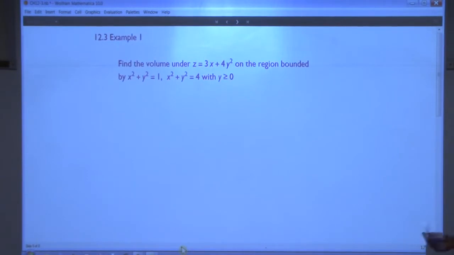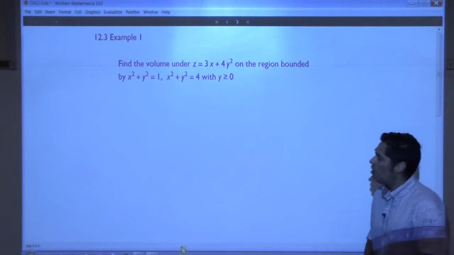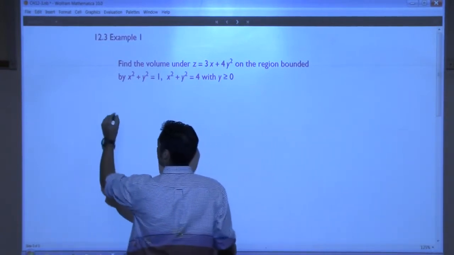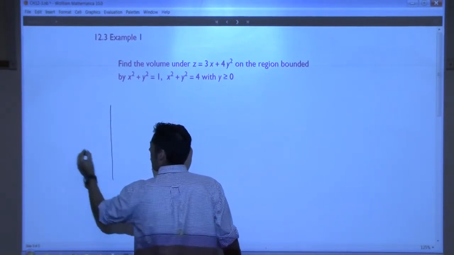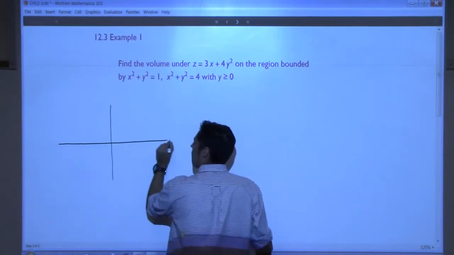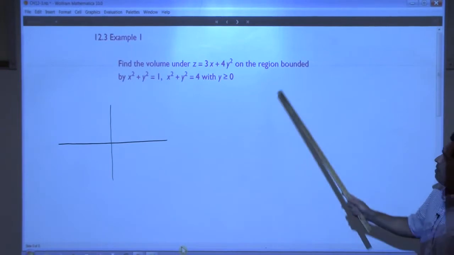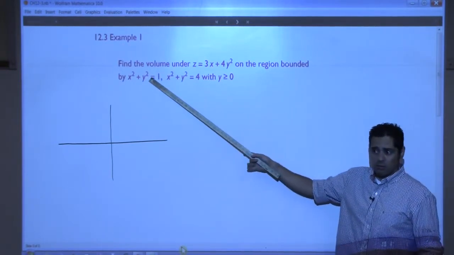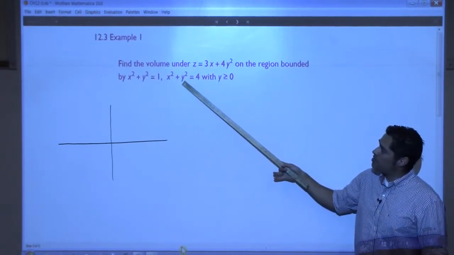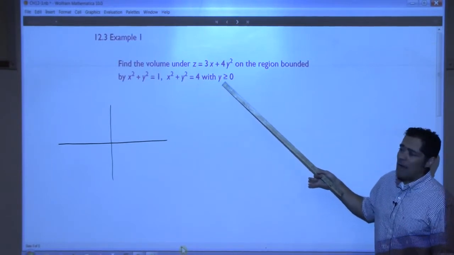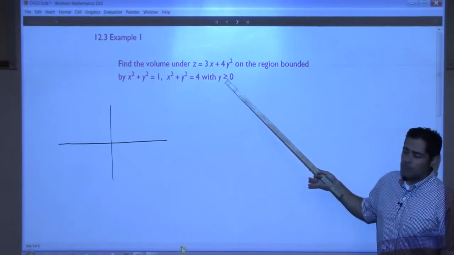All right, so just like before, what we want to do is draw the region first. So let's draw our region of integration. My region of integration is bounded by this circle, right? That's a circle. And this circle. And y has to be greater than or equal to 0.